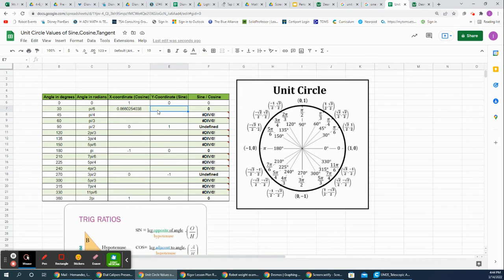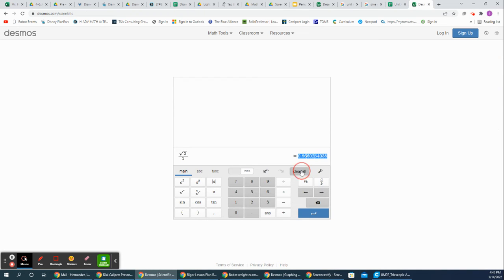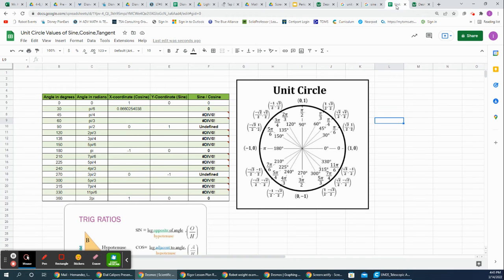Okay? Now let's do it for the y-coordinate, or sine of 30 degrees, or again, sine of pi over 6. So what's the sine of pi over 6? Well, it's 1/2. So this one, you don't have to go, let me do 1/2, 1 over 2. You should know already that 1/2 is what value as a decimal? 0.5. Okay, so for y-coordinate, 30 degrees, or sine of 30 or sine of pi over 6, you're going to say 1/2 is 0.5. Enter.